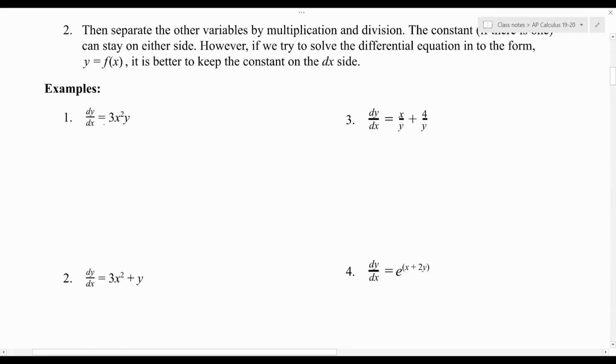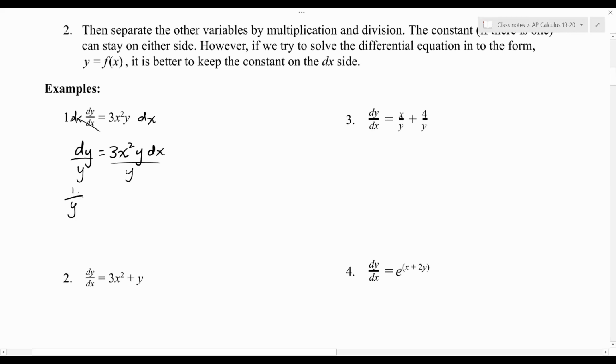We have dy/dx equals 3x squared y. First, multiply by dx. These cancel. dy equals 3x squared y dx. Now I still have a y hanging out with my x's. So we need to divide by y to move it. So we get 1 over y.